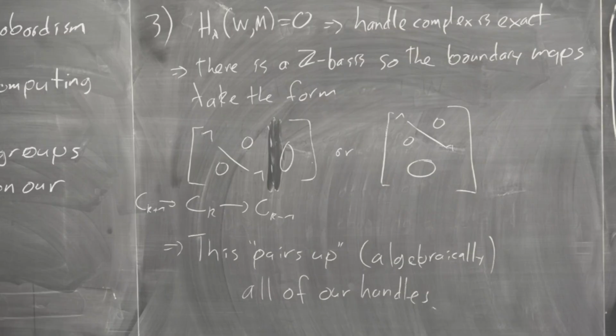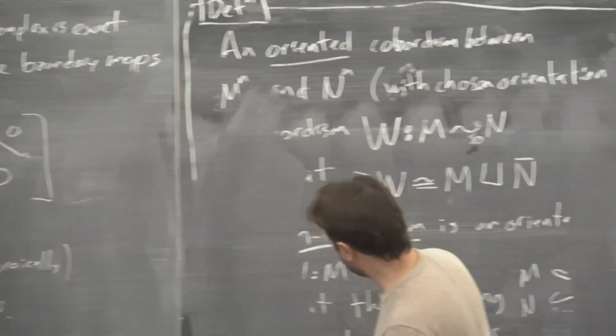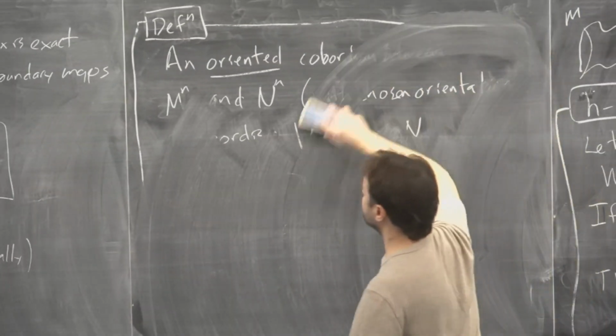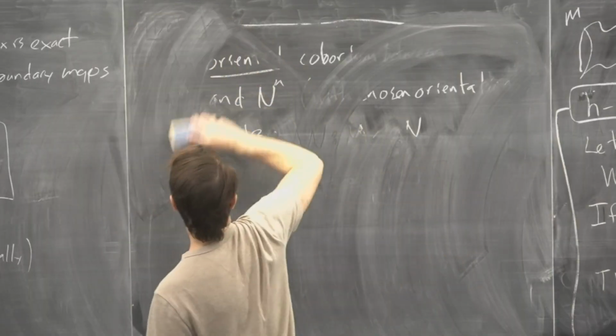Then, the tricky part is, okay, all of our handles are sort of paired up algebraically. We want to try to use that information to cancel out paired handles.